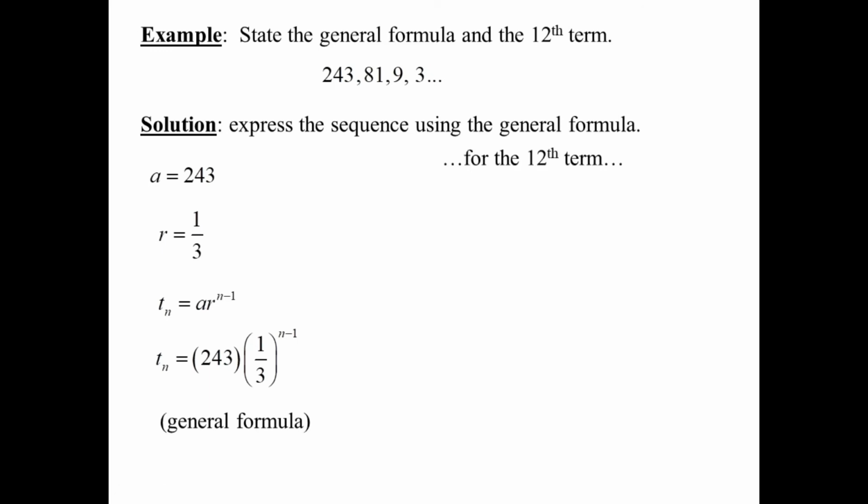And for the 12th term, sub in 12. It'll be t sub 12 equals 243 times (1/3) to the 12 minus 1, which is 11. In order to simplify, we use knowledge and understanding which we learned in previous units from this course.